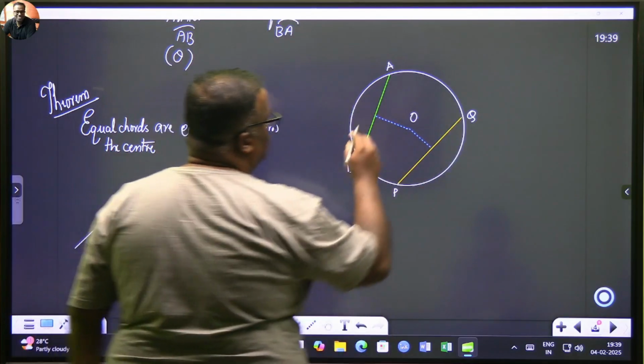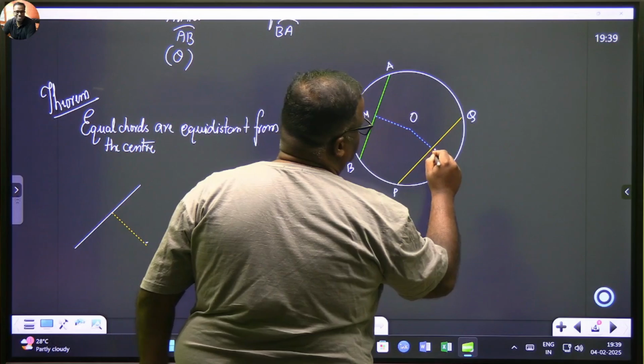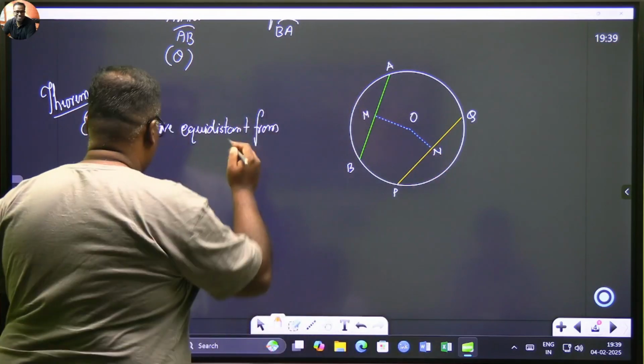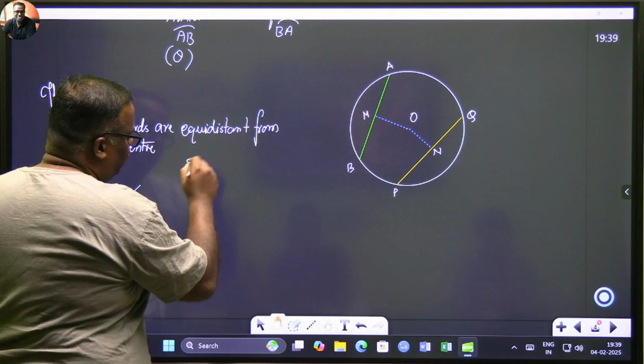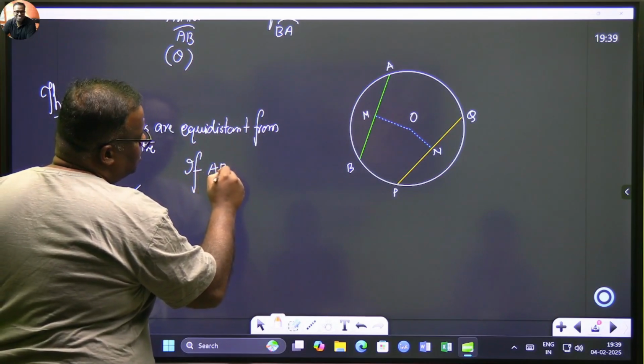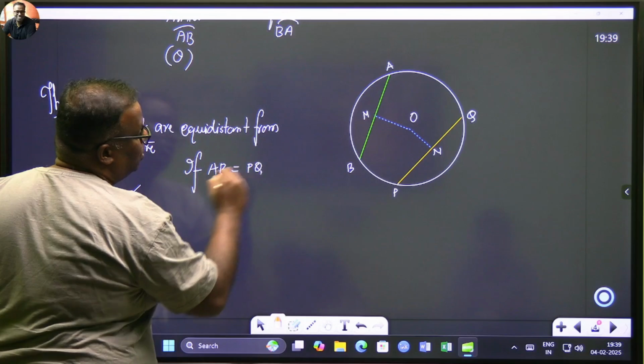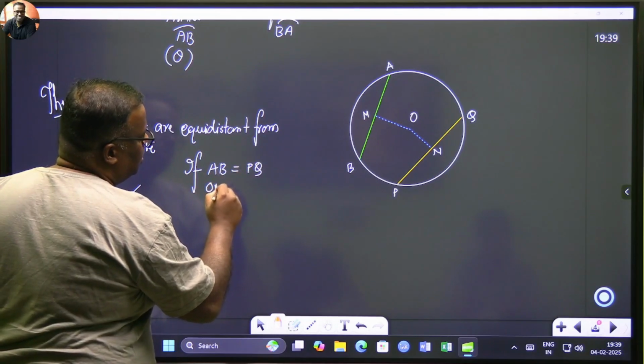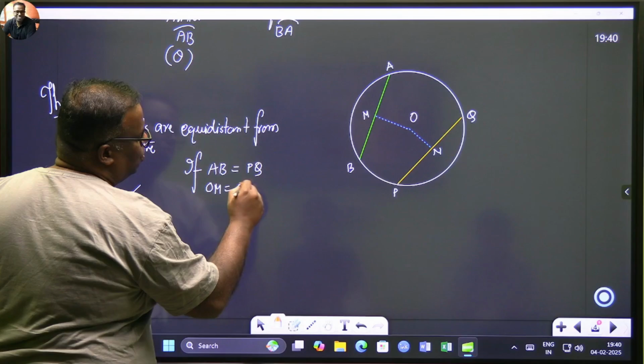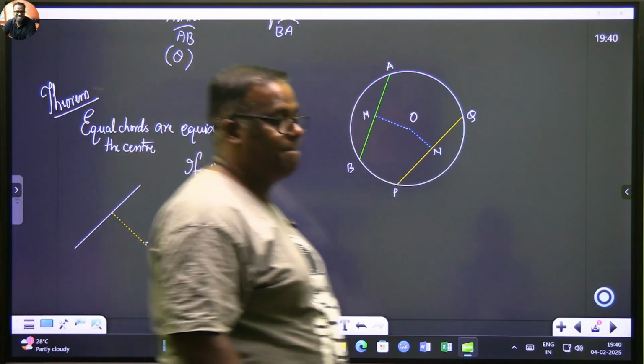And let me give it a name. Let's say this is M and this is N. So the theorem says to me that if AB as a chord is equal to PQ, then OM should be equal to ON. Have we understood?